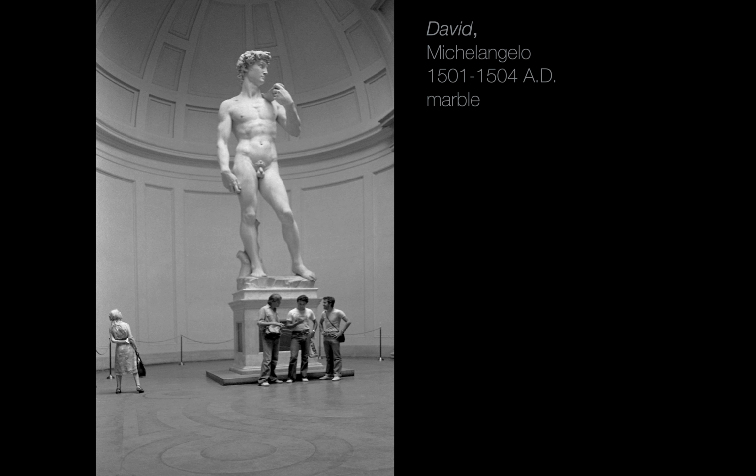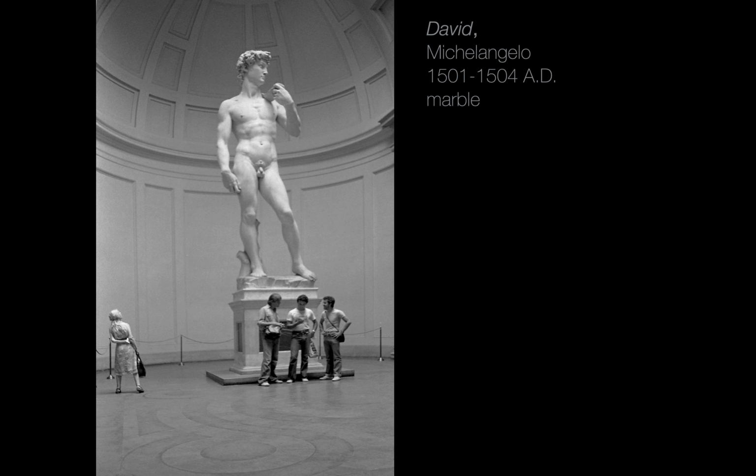So here we have a three-dimensional space, and I want you to think about how this space is actually functioning for this particular sculpture. I mean, what does it actually do? Well, if you're going to go into the Accademia in Florence, Italy, this place is very, very, very well designed.